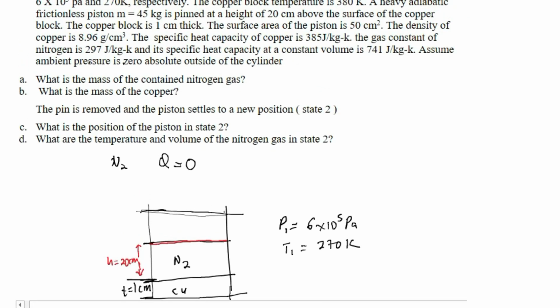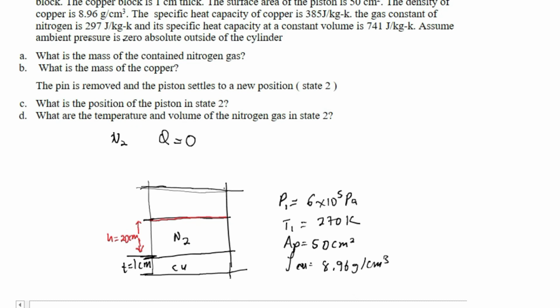Now the piston has a surface area of 50 cm squared and the density of copper is 8.96 gram per centimeter cube. The specific heat capacity of copper here is given and the gas constant also is given.